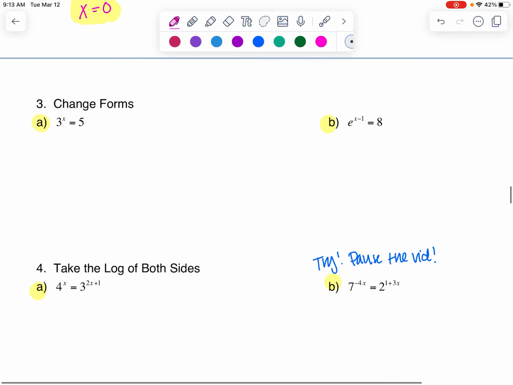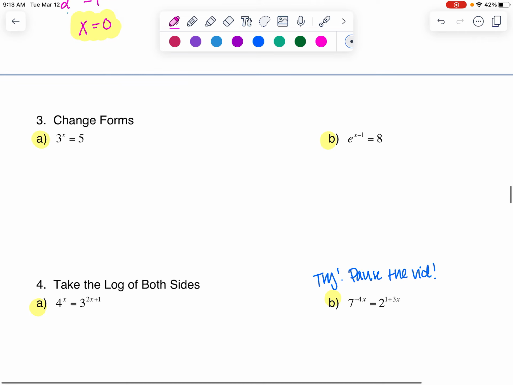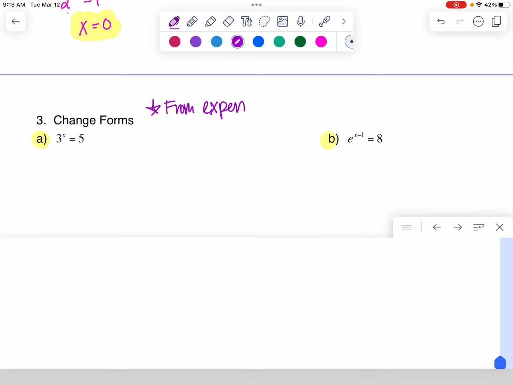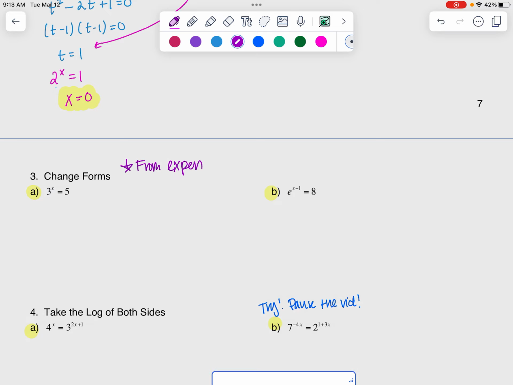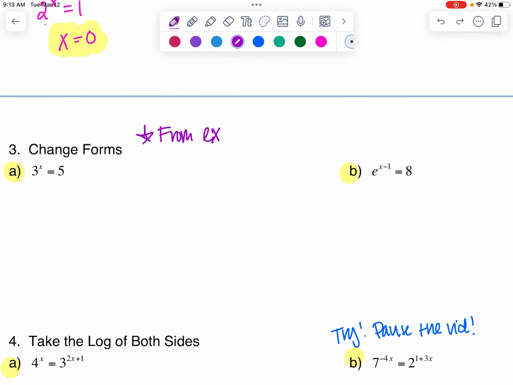All right, next page. Number 3, it's just asking us to go ahead and change forms. So here we are going from exponential to log form. I can write that out. Exponential to log form.